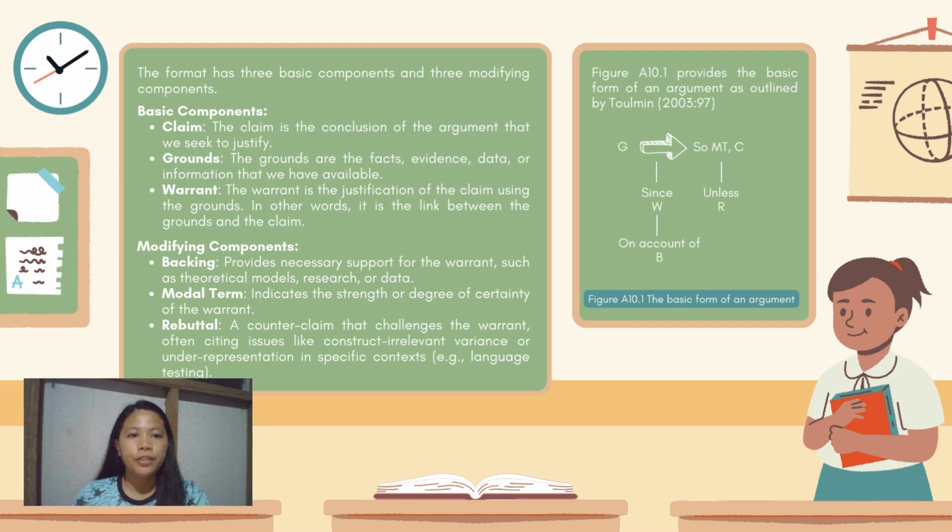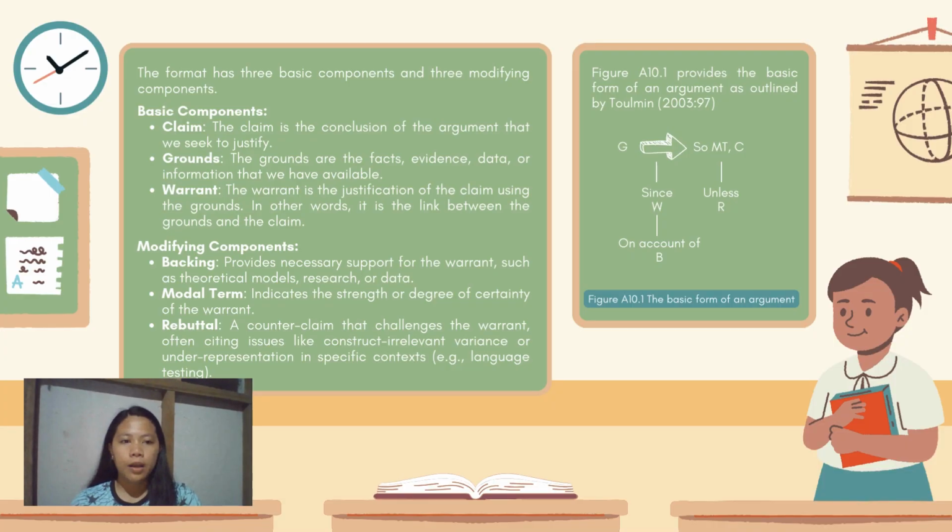Example: language testing. We have here Figure A10.1, which provides the basic form of an argument as outlined by Toulmin 2003, 97. We have the G, which is the grounds. The arrow signifies that the argument moves from grounds, which are evidence or data, to a conclusion.